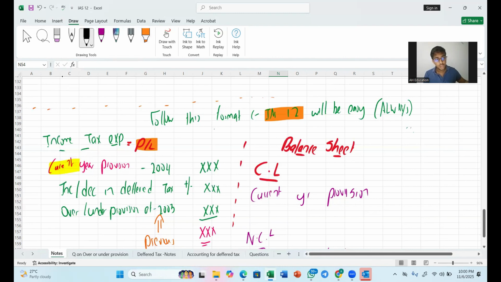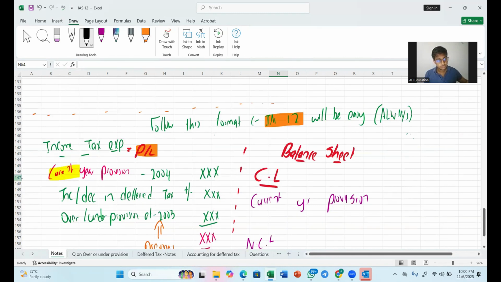Number 1 should include your current year provision, right? Or in simple terms, your current year payable. Say for an example, your current year is 2004. You will have an estimate or a payable that will be fixed in your mind. That amount needs to be included when you are calculating your current year tax expense.